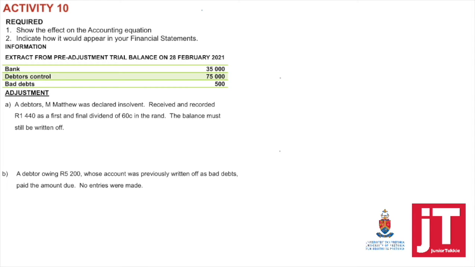Also take note, we've already recorded the amount received. What is left for us to do is to record the balance that must be written off. So if I look at this now, the total debt equals 100 cents.